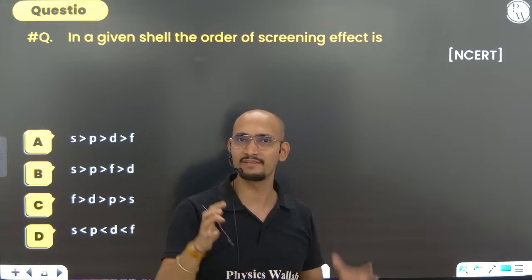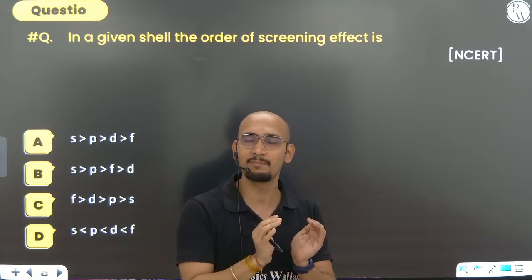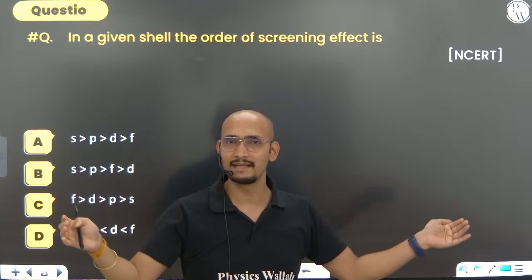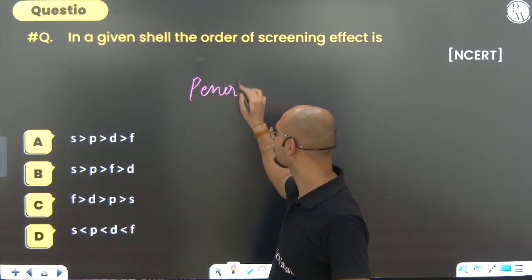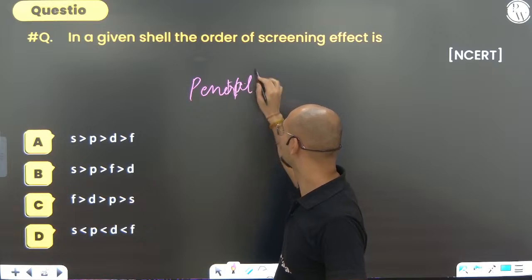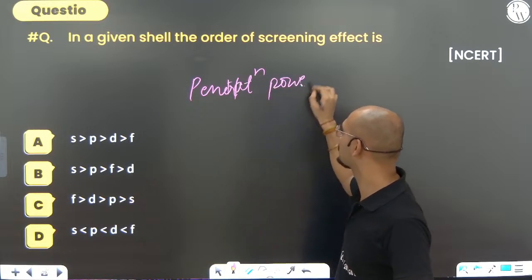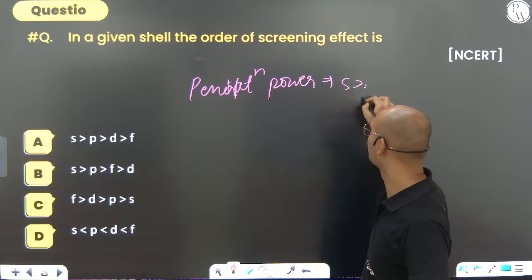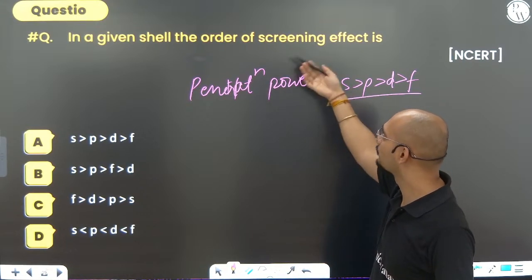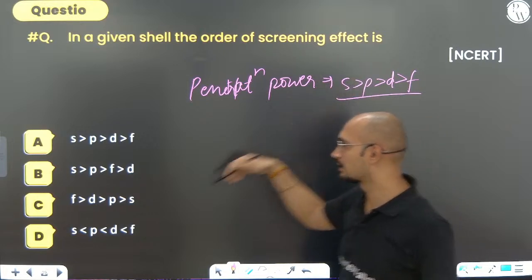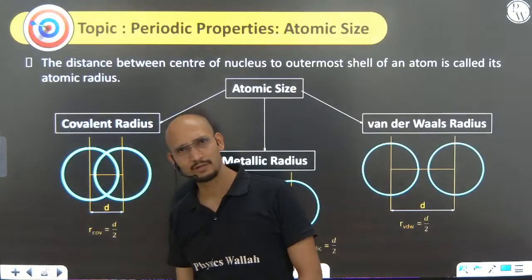S has higher penetration power than P, than D, than F. So the penetration tendency of S is more than P, more than D, more than F. Therefore, the screening effect of S is more than P, more than D, more than F. I hope you understand it.